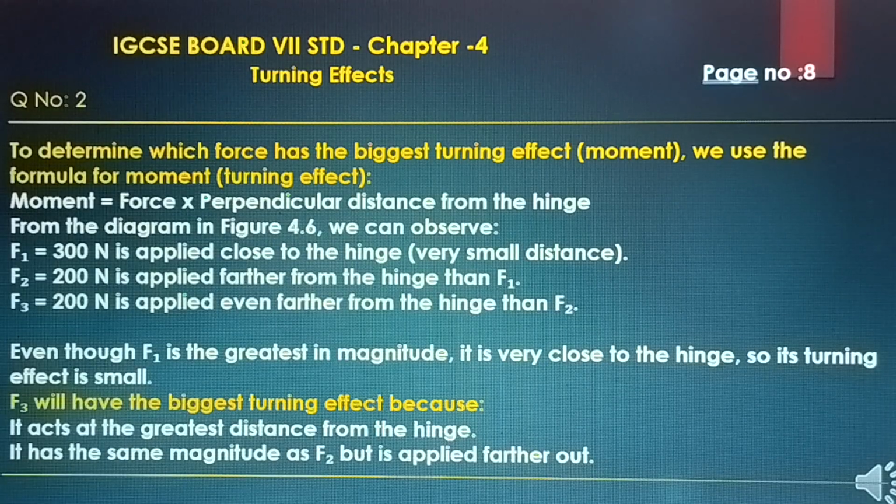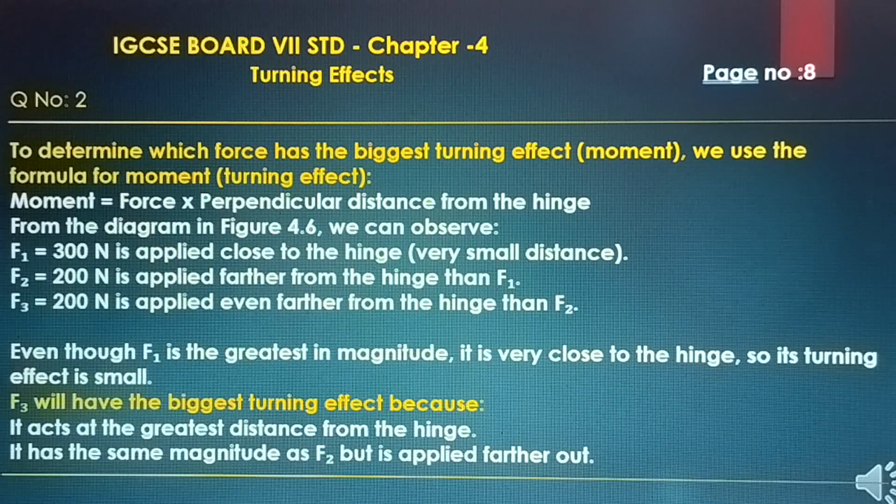From the diagram in figure 4.6 we can observe F1 equal to 300 N is applied close to the hinge, at a very small distance. F2 equal to 200 N is applied further from the hinge than F1. F3 equal to 200 N is applied even further from the hinge than F2.